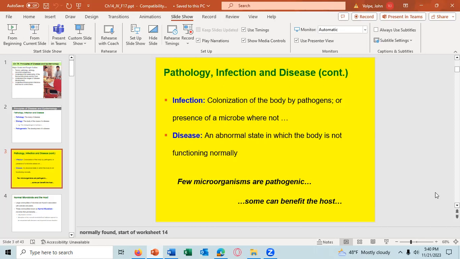Some microbes are even beneficial to their host. So few microorganisms are pathogenic, only 2% or less. They have to have the genes to make them pathogenic. The rest of microbes are not pathogenic, and only some of them, a few, can cause damage to the host, resulting in disease. Any question about any of that?